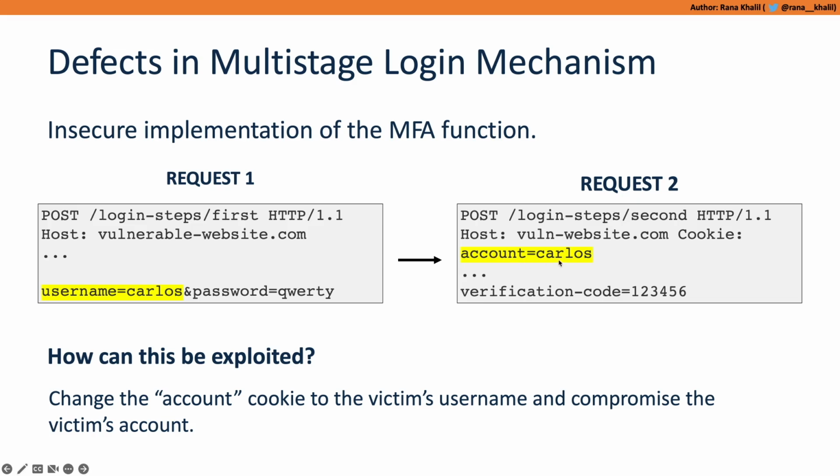And if the cookie is not tied to the verification code, using my own verification code and my own credentials, I could compromise any user's account on the system as long as I know their username. So you definitely want to be careful when it comes to the logic of all authentication mechanisms because one mistake could potentially compromise all the users on the application.